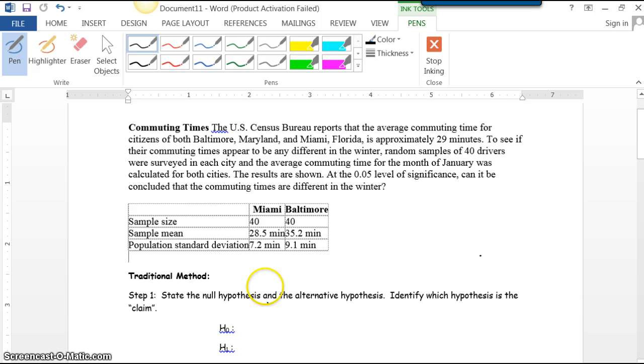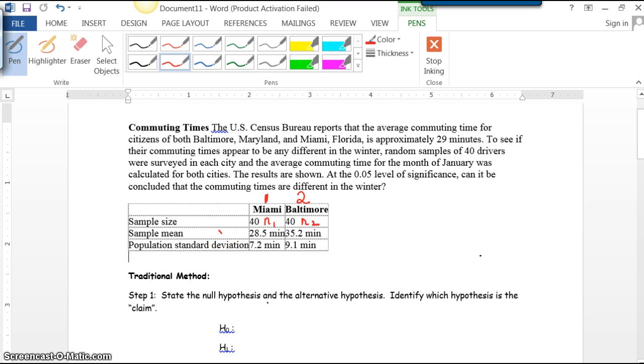So the table shows our two sample sizes, and we are going to call this Miami number 1 and Baltimore number 2. And so this will be N1, this will be N2. Those are the two sample sizes.